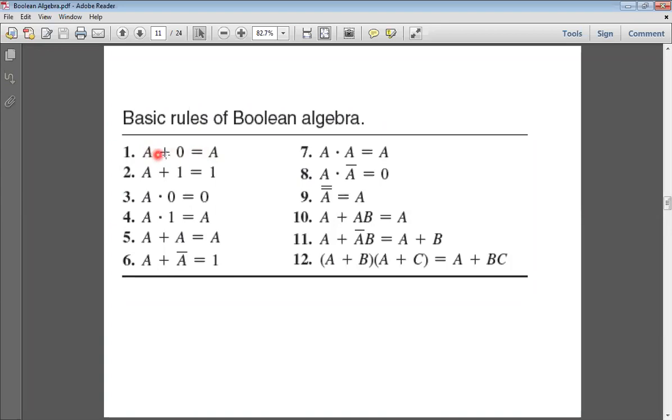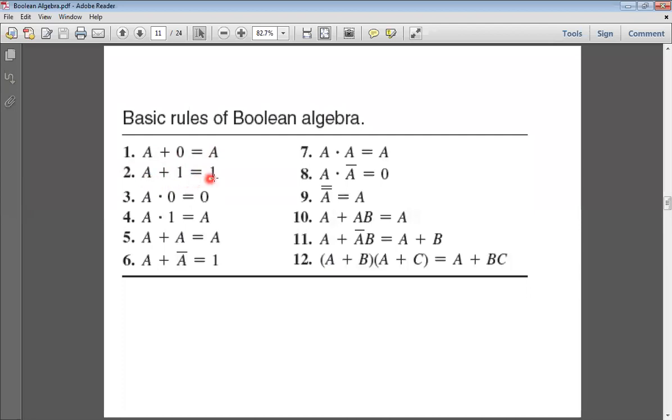If you add A with 0, what we get is A back. Doesn't matter whether A is 1 or 0, it comes out as it is. So 0 is the identity in the OR operation. It means if you add something with A, nothing will happen to that something.